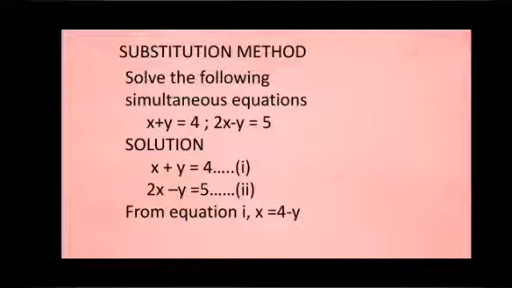Here I want to make x the subject of the formula. So from equation 1, x is equal to 4 minus y. I have made x the subject of the formula from equation 1. This will now be our equation 3.